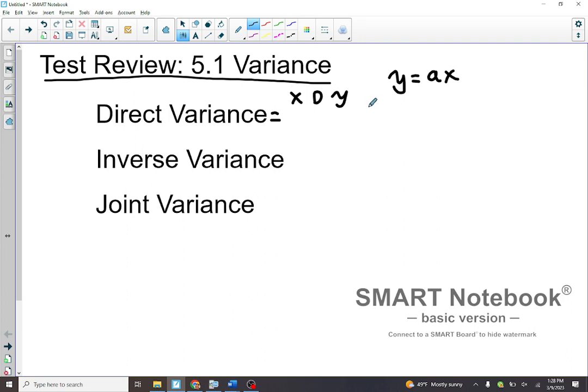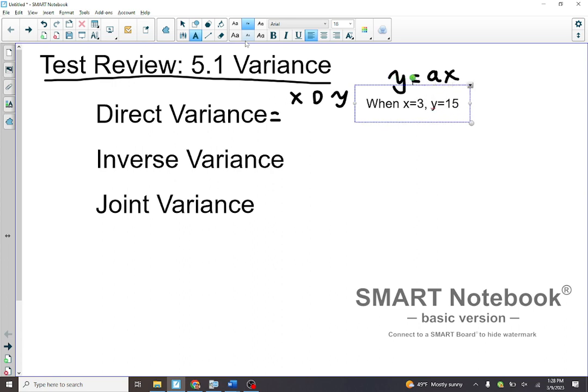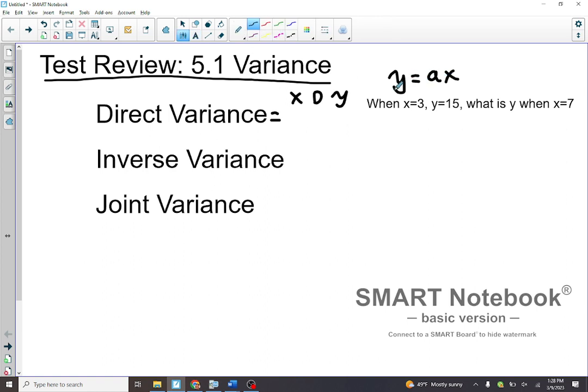I tell you, when x equals 3, y equals 15, what is y when x equals 7? For this one, direct variation, it's just a times x.